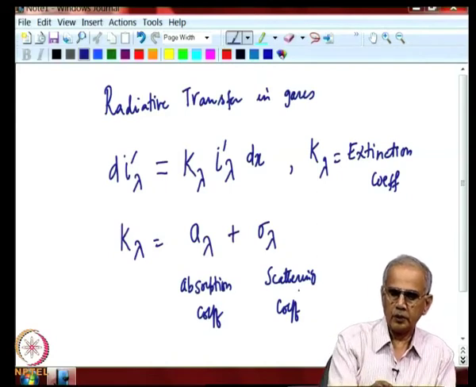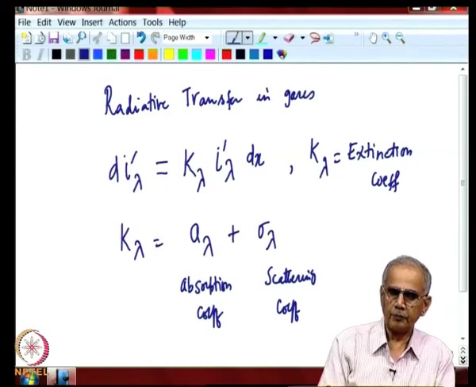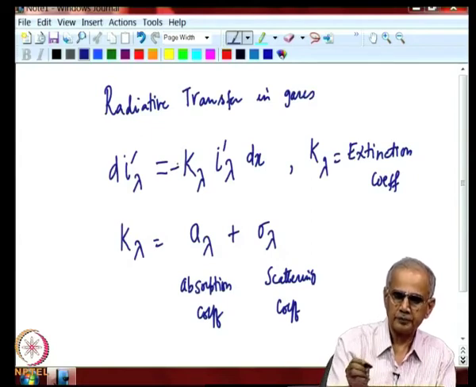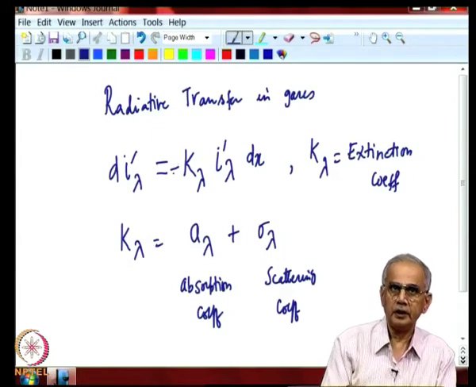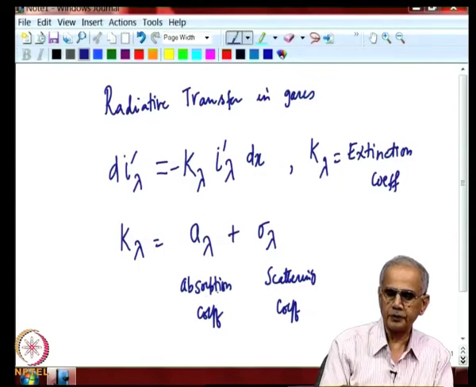So, what this equation says is that the number of photons going in a given direction is reduced, the minus sign here, is reduced by either absorption or scattering.